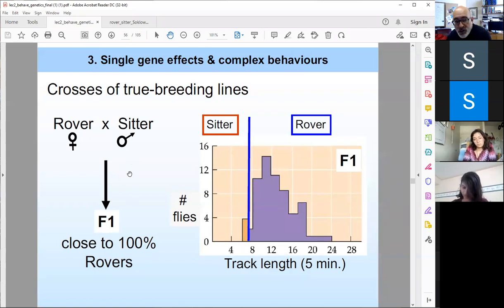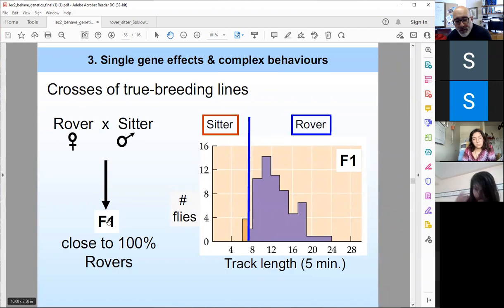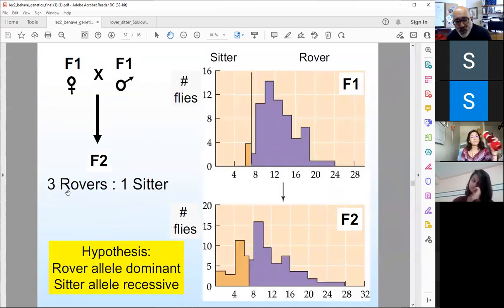So first of all, it implies that the gene associated with the rover behavior is dominant, and the sitter allele appears to be recessive. If you take the F1 generation from these rovers, the F2 generation is 3-to-1 rovers to sitters.